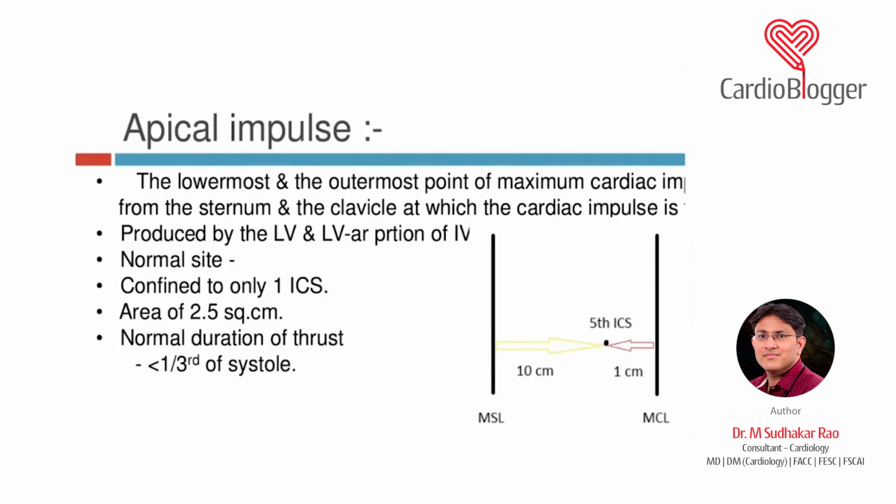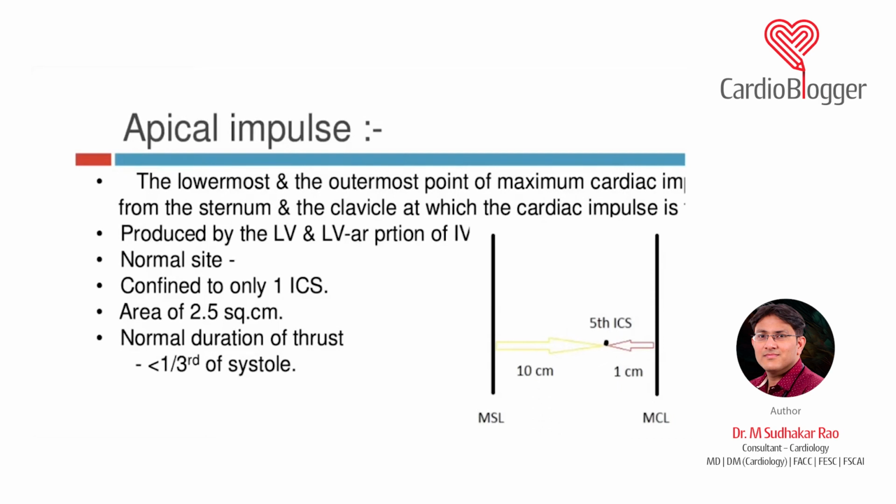Normally the apical impulse is formed by the LV part of the interventricular septum. The interventricular septum has an RV part and an LV part, and it is the LV part which forms the apex.